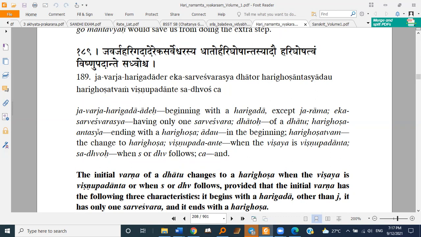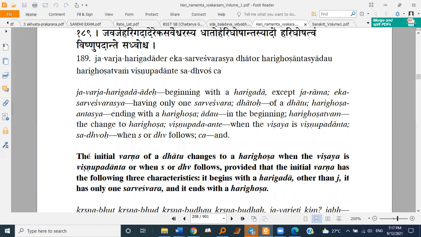Okay, so here the sutra says the initial varna of a dhatu changes to a harighosha when the Vishaya is Vishnu Padanta or when Sa or Dhva follow.